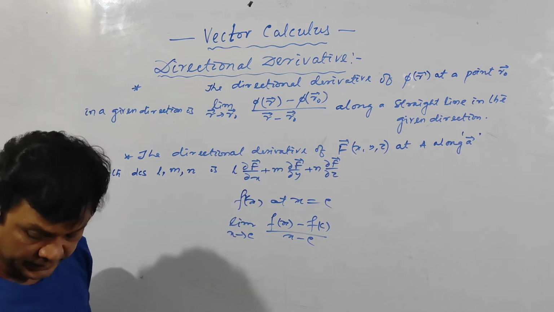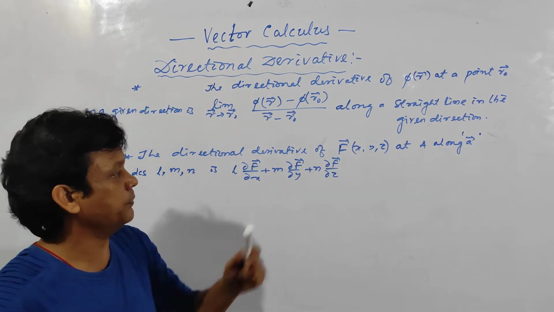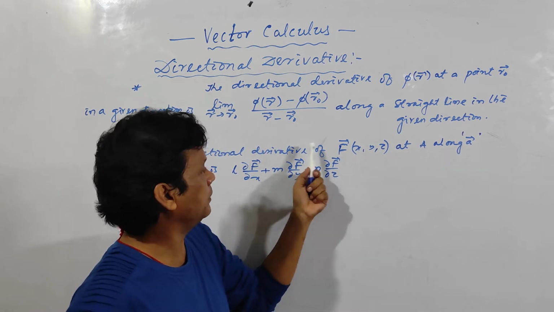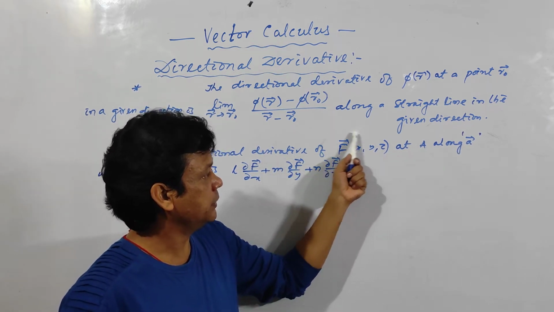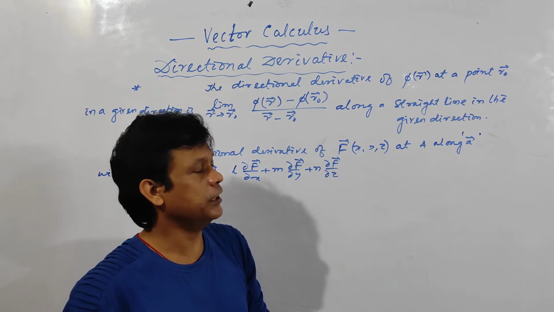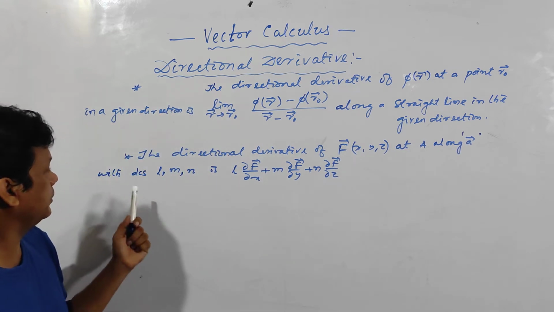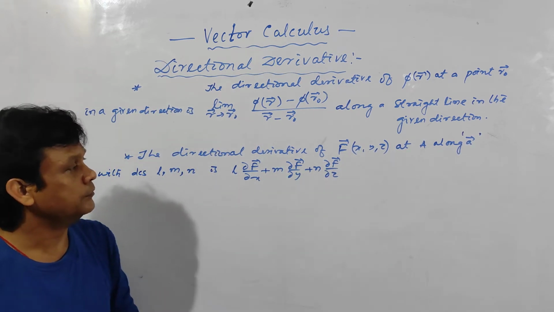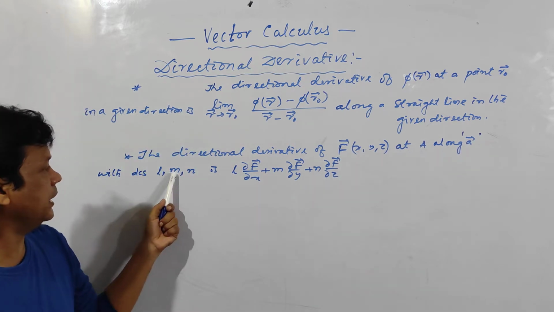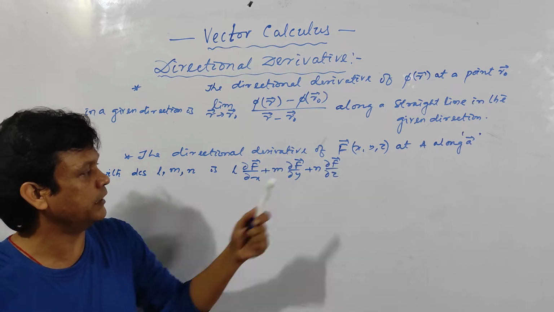And here, the second part: how to find the directional derivative of a vector point function. If A is a vector point function and you want to find its directional derivative at a point along a vector whose direction cosines are l, m, n, it is defined as l into del A by del x plus m into del A by del y plus n into del A by del z.